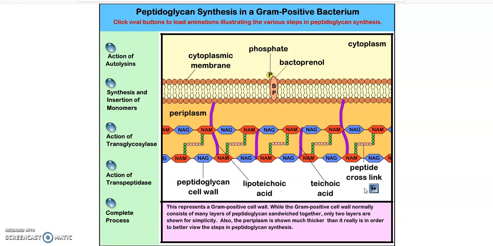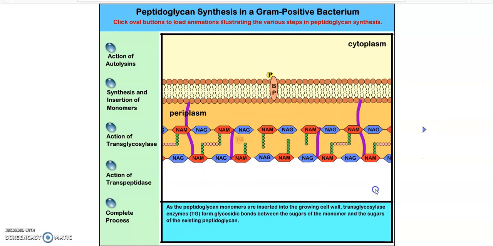So we're going to add bonds between the sugars in our peptidoglycan patch, joining that patch to the peptidoglycan cell wall that already exists. So here comes transglycosylase. You can see it's making a bond between the NAG and the NAM, which somewhat affixes the patch to the rest of the cell wall.